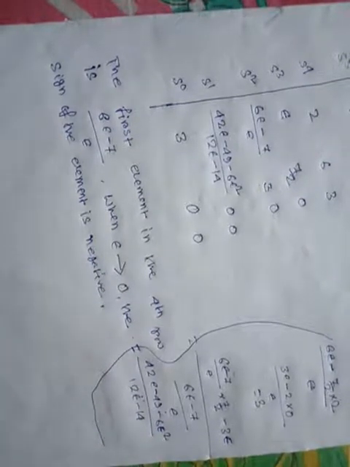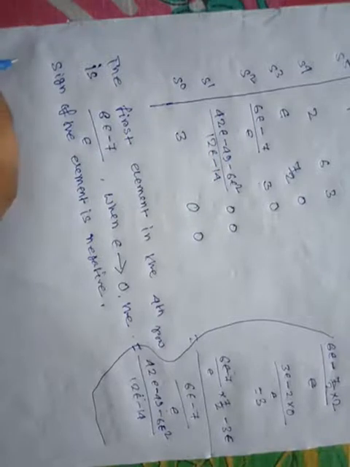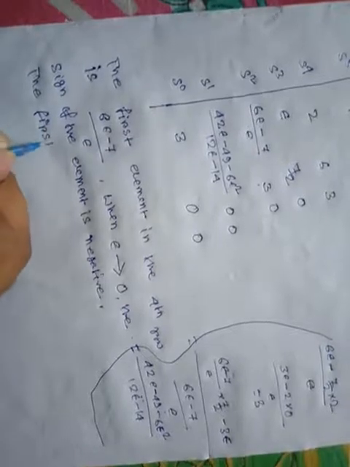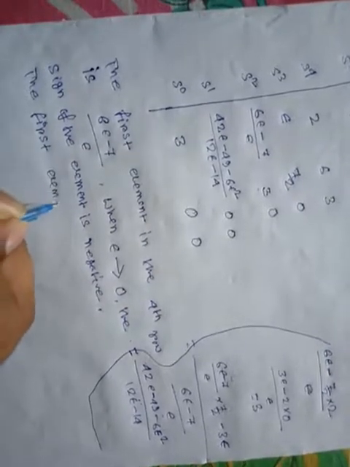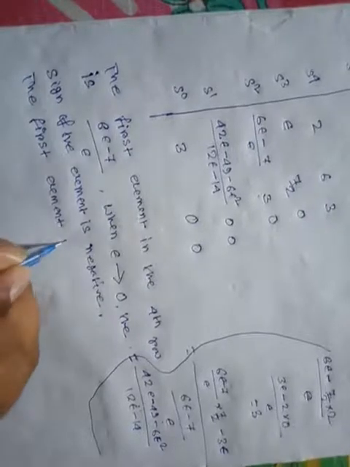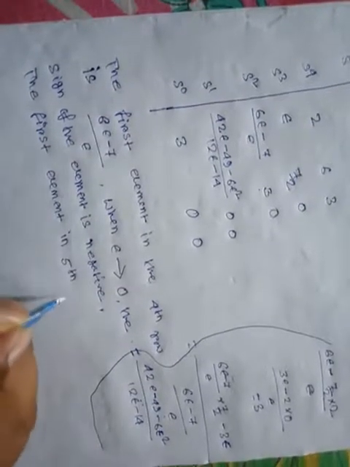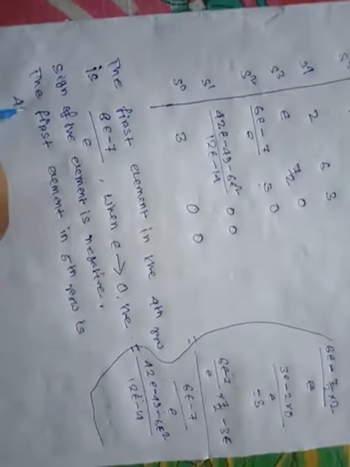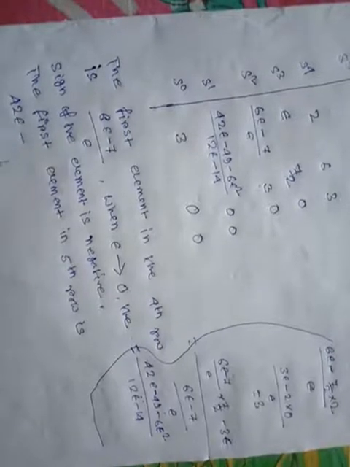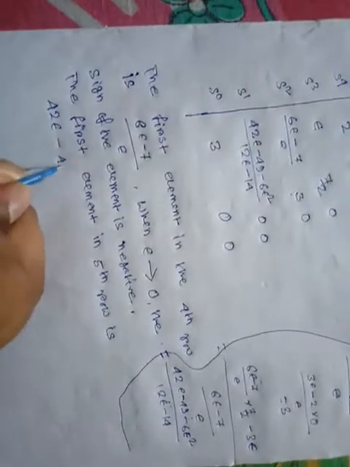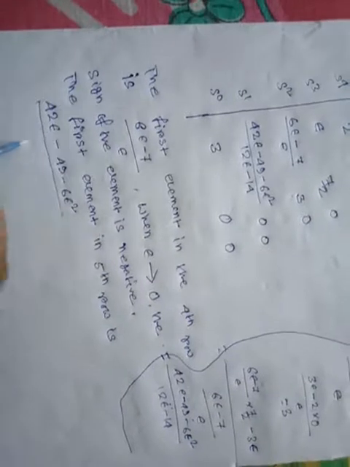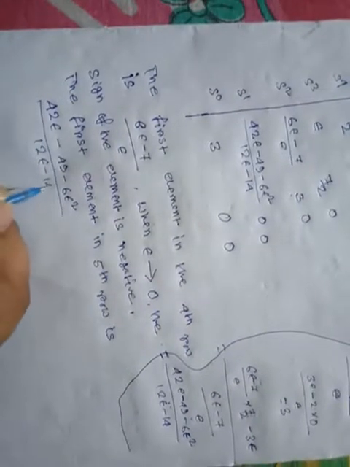The first element in the fifth row is 42 epsilon minus 49 minus 6 epsilon squared, divided by 12 epsilon minus 14.